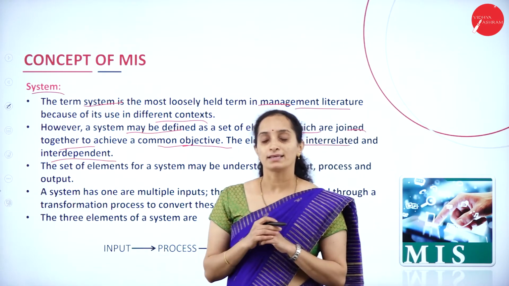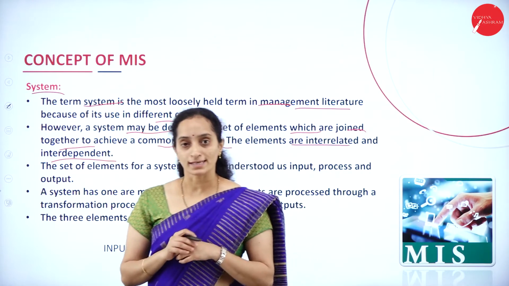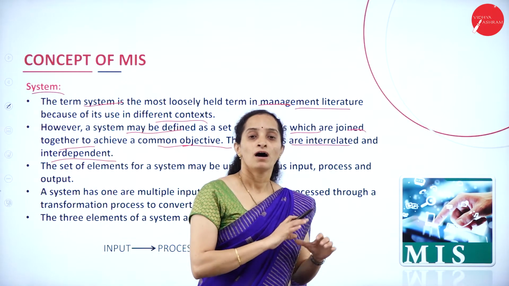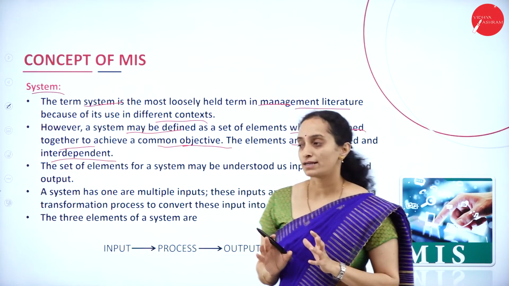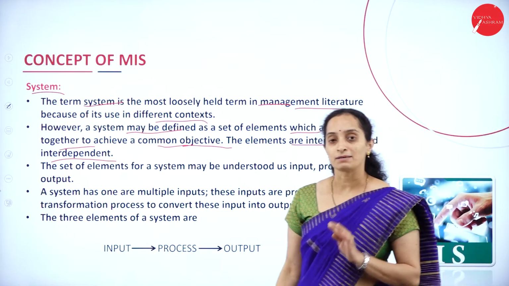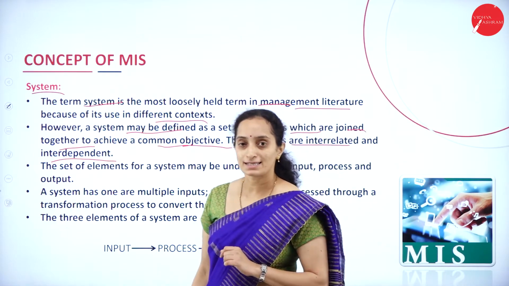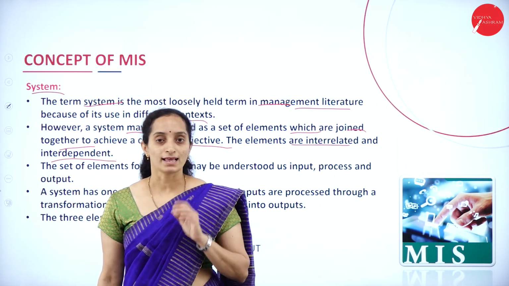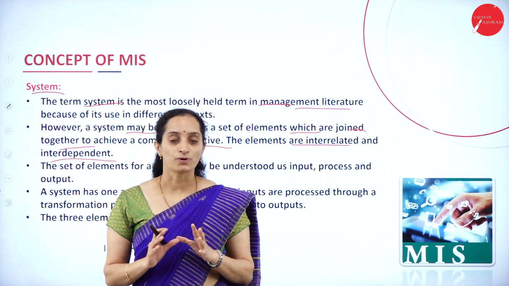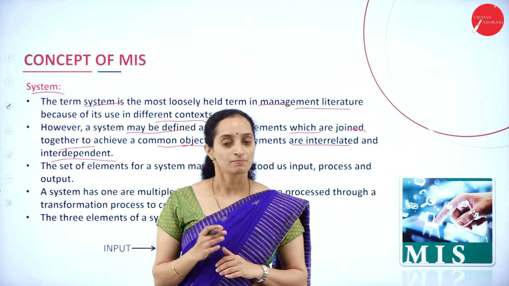If you take banking as a system, or college as a system, or a government office as a system, everyone in the organization is interrelated and interdependent on each other, is it not? If you take the example of a college as a system, what is the set of elements?